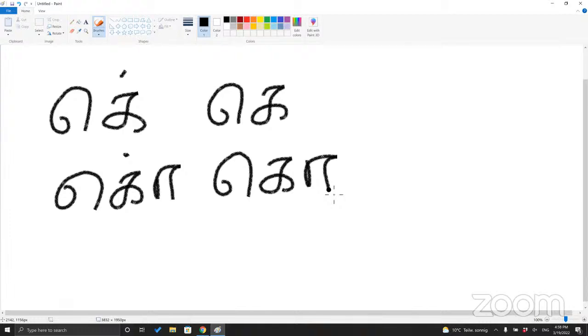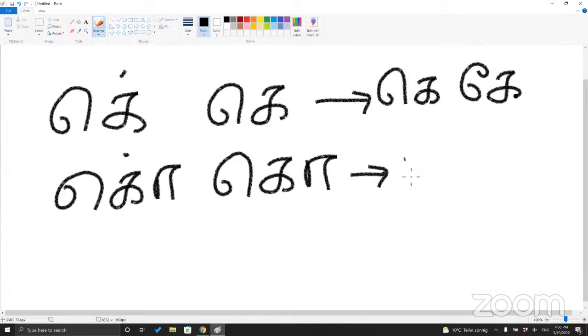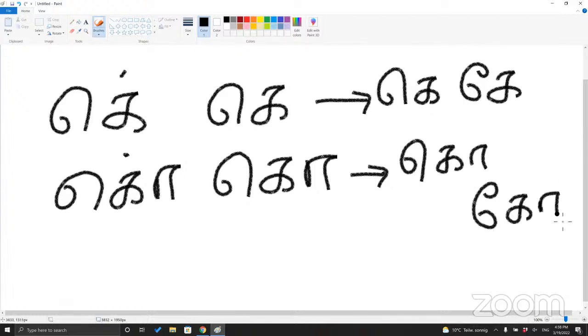And then this was reformed, so they created a new form where this became K, and this became K, and this became Ko, and this became Ko. So these are new forms that were invented in the last 200 odd years.